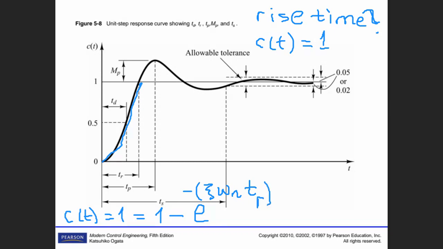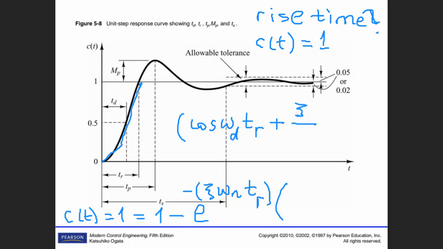Okay, times, I open the parenthesis here: cosine omega_d t_r plus, those equations are already in your notes.